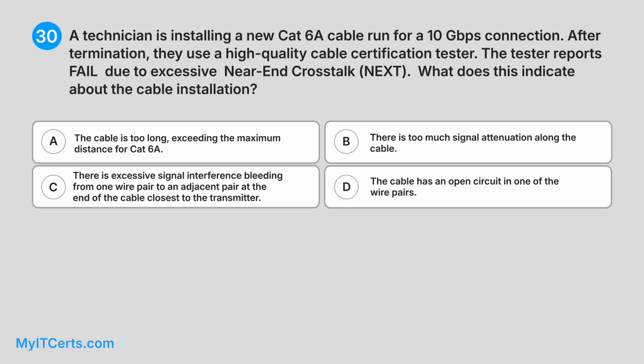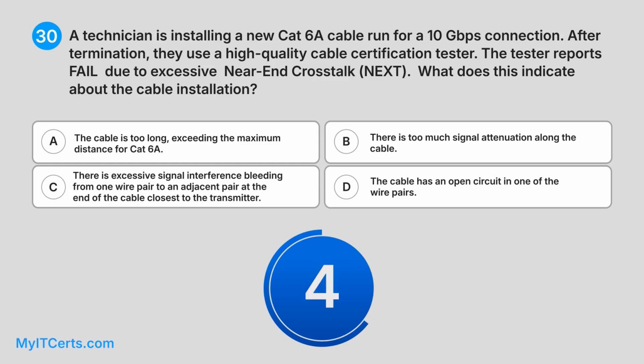B. There is too much signal attenuation along the cable. C. There is excessive signal interference, bleeding from one wire pair to an adjacent pair at the end of the cable closest to the transmitter. D. The cable has an open circuit in one of the wire pairs. What do you think is the answer?